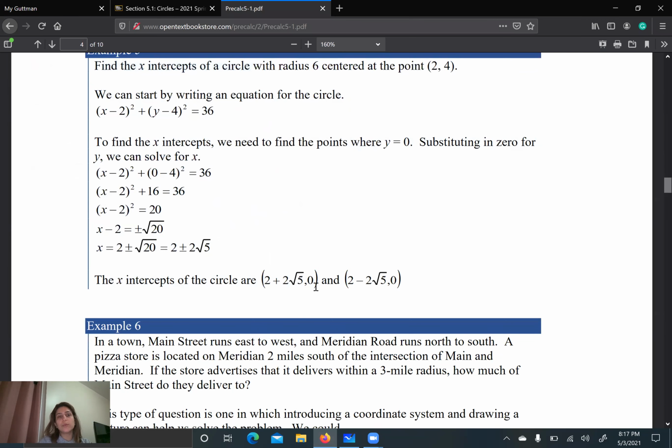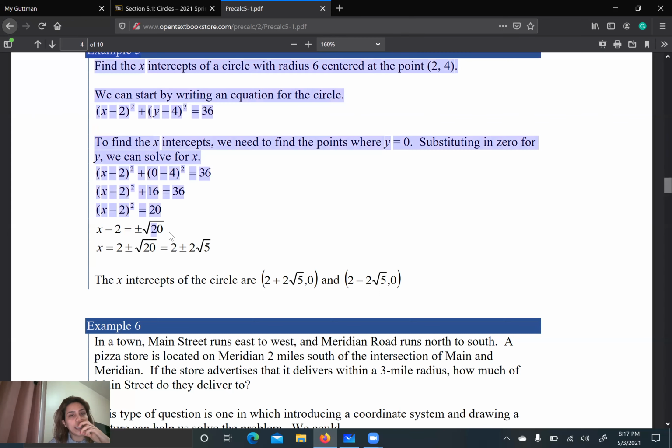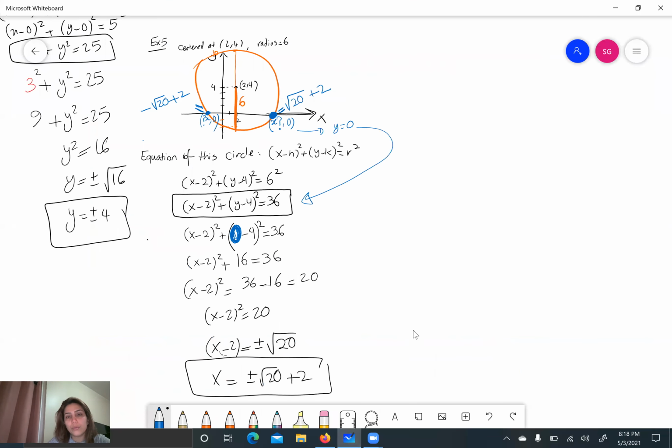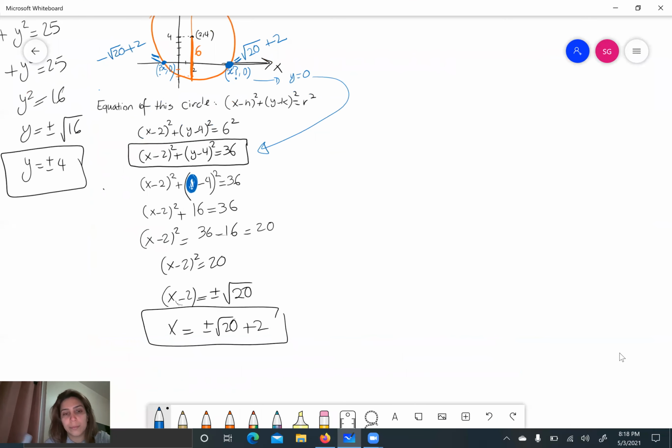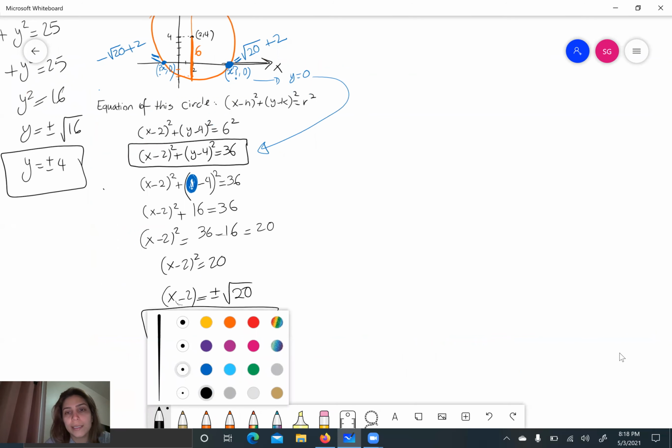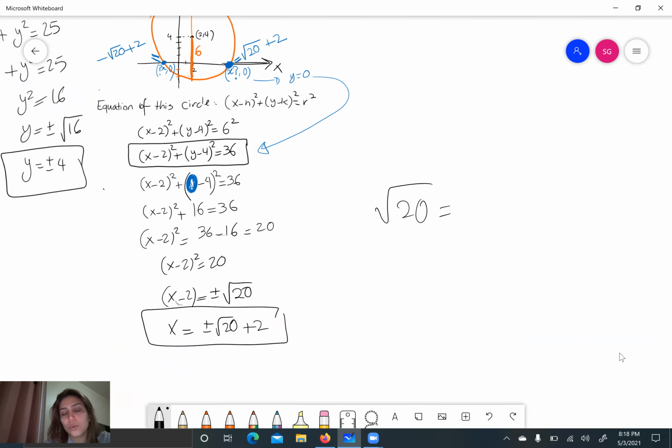By the way, in your textbook, square root of 20 may be simplified. In general, you can leave your answer containing the square root of 20, or if you want, you can simplify it. Do you know how it is simplified? Because 20 is 4 times 5, this is going to be the square root of 4 times the square root of 5, and the square root of 4 is 2.